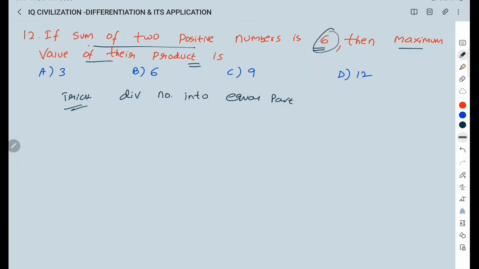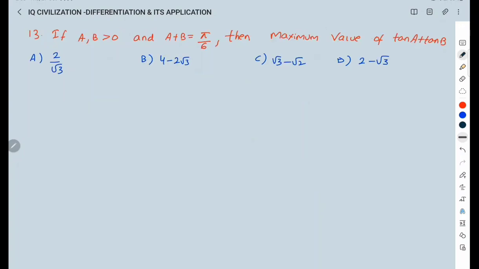What is the number here? It is 6. X plus y is equal to 6 is given. So we have to divide it into equal parts. So we need to find z max, which is 3 into 3. That is 9.